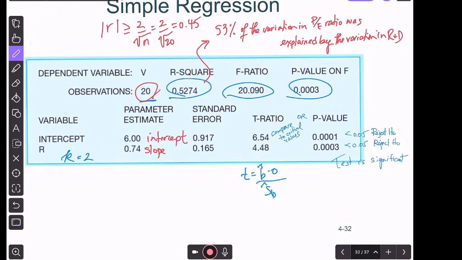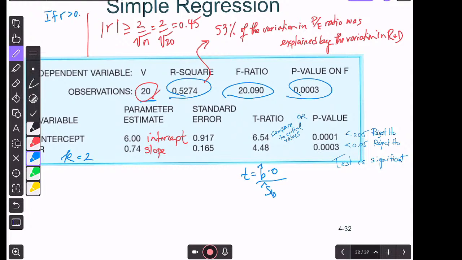If R is greater than 0.45 or negative R is less than negative 0.45, that's what that means. So if R is greater than 0.45 or R is less than negative 0.45, you would say there is a relationship.